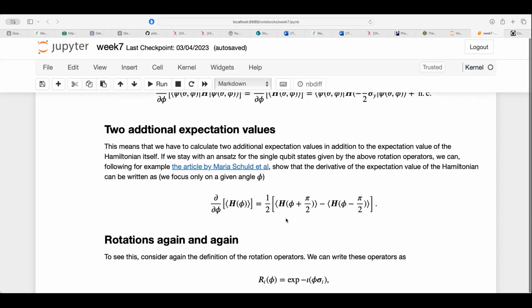So what you need to calculate, instead of using a finite difference expression where you just change slightly the angle, you can show that the derivative with respect to the parameters here is given by this expression here. So you just need to recalculate the energy for phi plus pi half and subtract phi minus pi half. That's what you need to do to calculate the derivatives.